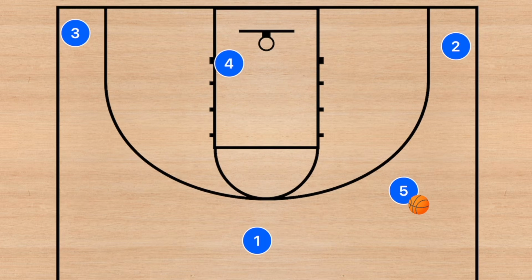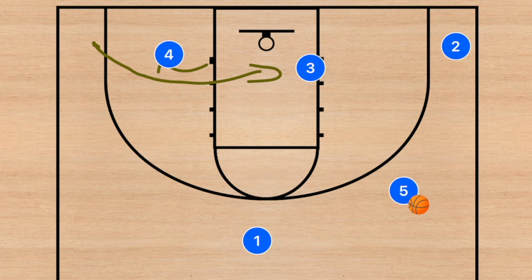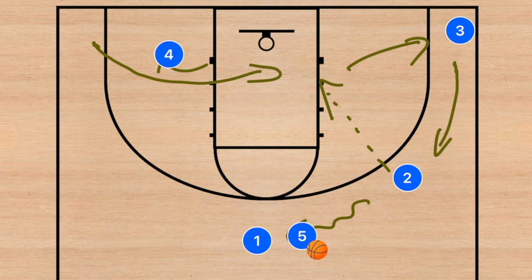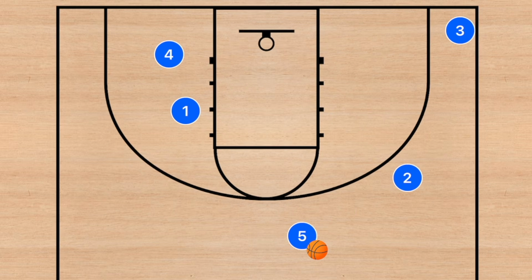Now we are in flex, where we can run player 4 setting that screen, in this case for player 3. Player 3 would then cut across, and this would be our second option in this play. We can then have player 2 lift and player 3 fill out. If this is not an option that's open, player 5 can then dribble up top. And at this time, player 1 is going to go and set that screen for player 4.